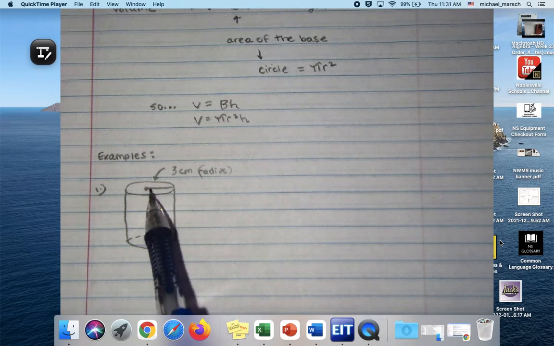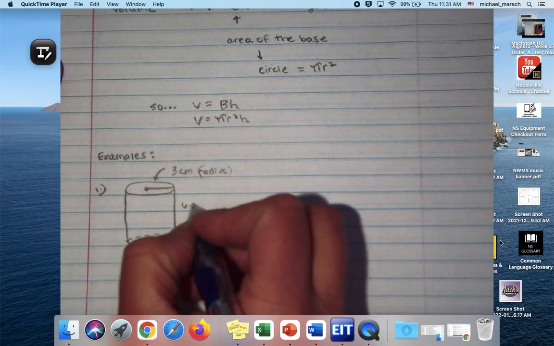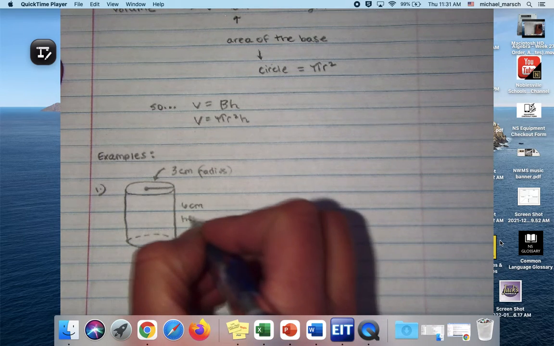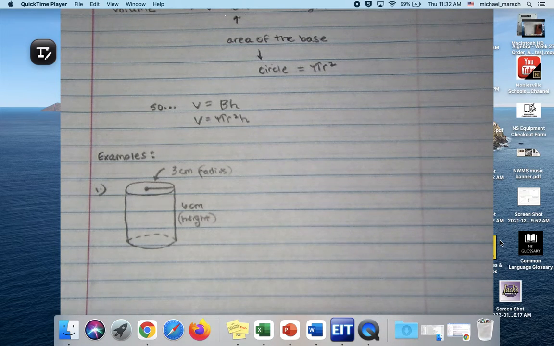I know this is just the radius because, as you can see, it looks like it's supposed to go halfway across. And then the height, I'm just giving random numbers. It's not proportional. The height is 6 centimeters.